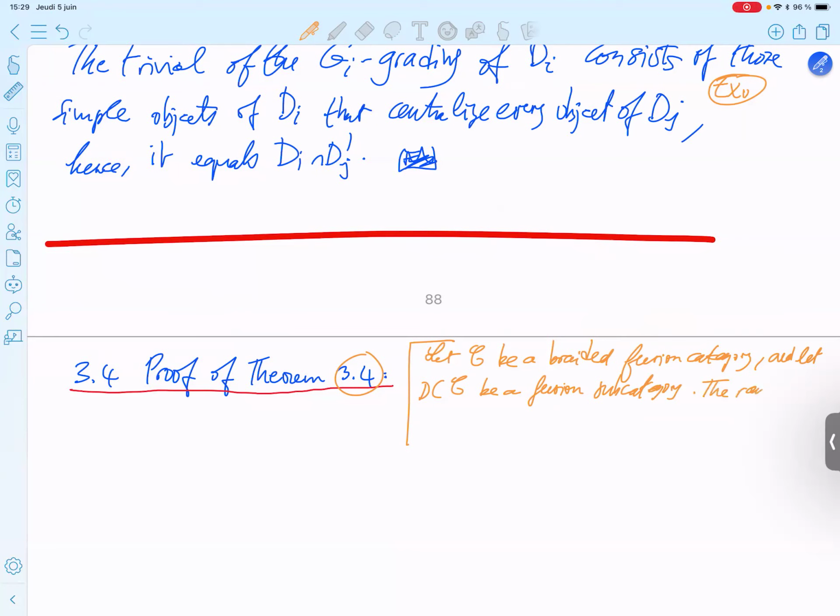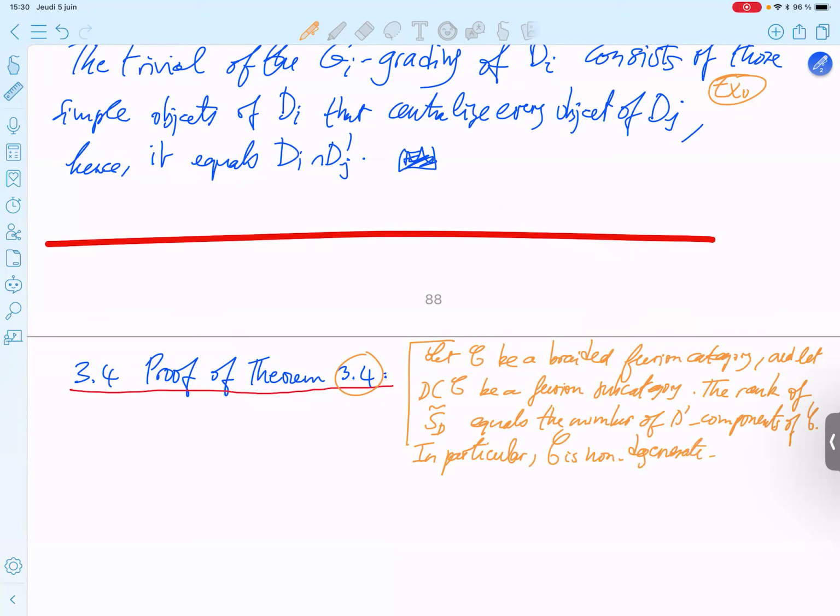The rank of S-tilde D equals the number of D-prime components of C. In particular, C is non-degenerate if and only if the centralizer of C is trivial.